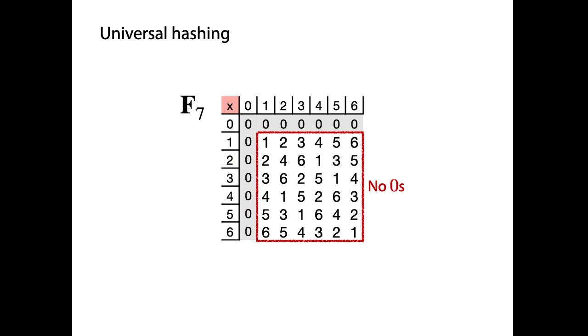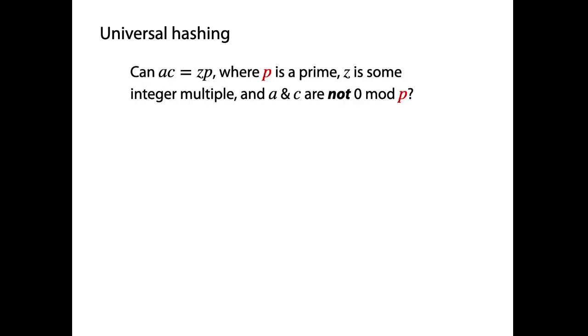Let's see this in another way. Let's again suppose that it's possible to do this. So if there are two elements that are both non-zero and we can multiply them to get 0, let's call these A and C for the purpose of this discussion. These are the non-zeros.